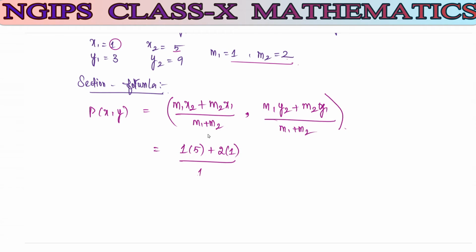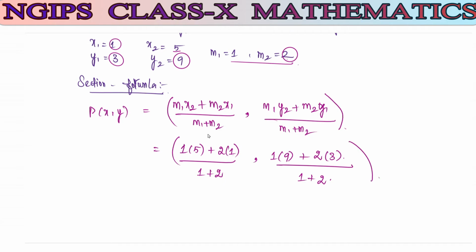Next, m1 value is 1, y2 value is 9, and m2 value is 2, y1 value is 3, divided by m1 plus m2, which is 1 plus 2.